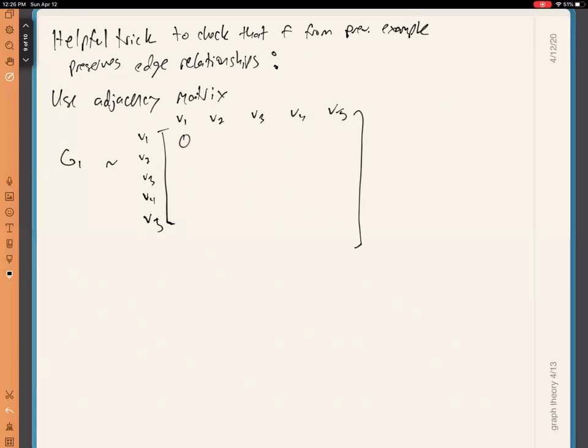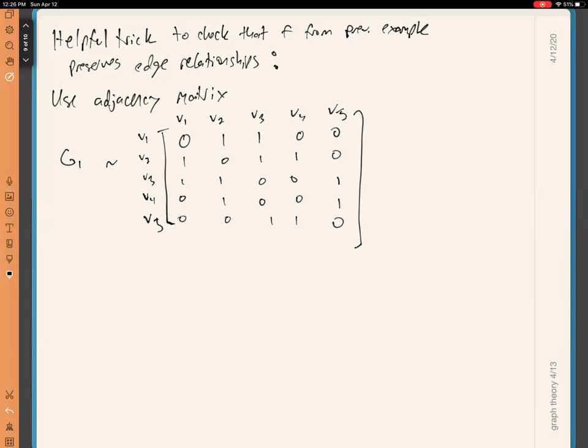So this is the adjacency matrix for the first graph.